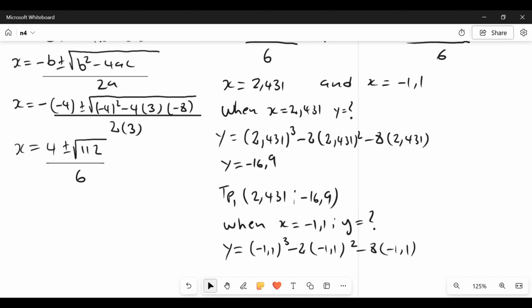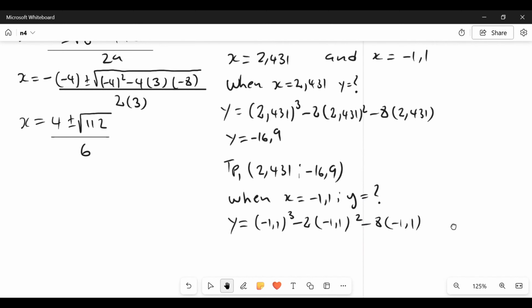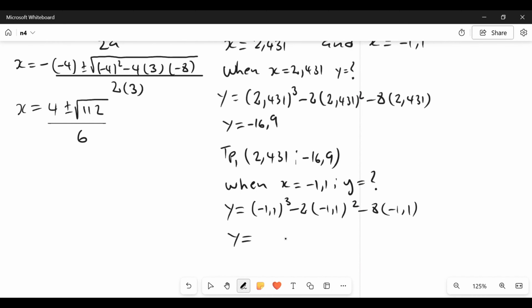There we go. Put this on a calculator and then you get the following. Y is going to be equaling to 5,049. So turning point 2 when x is negative 1,1, y is going to be 5,049. There we go.